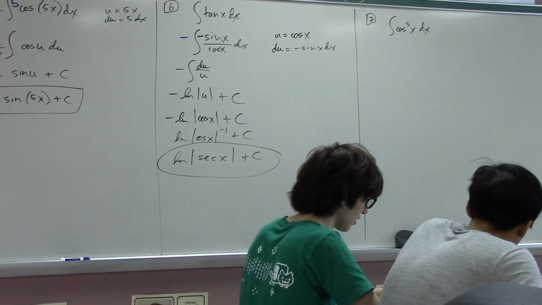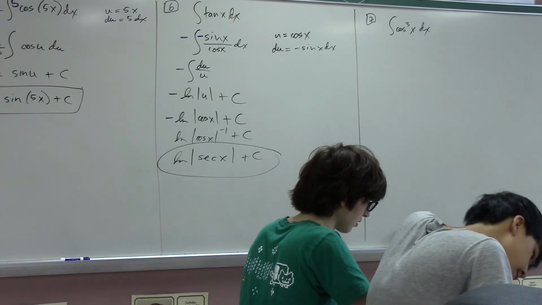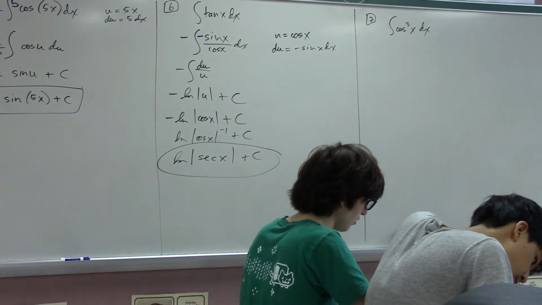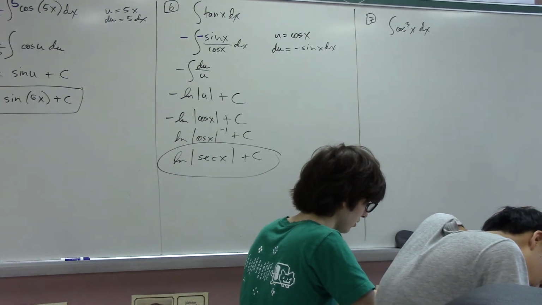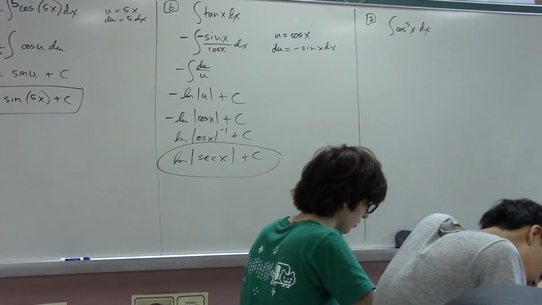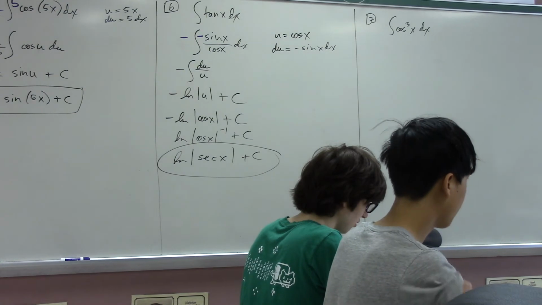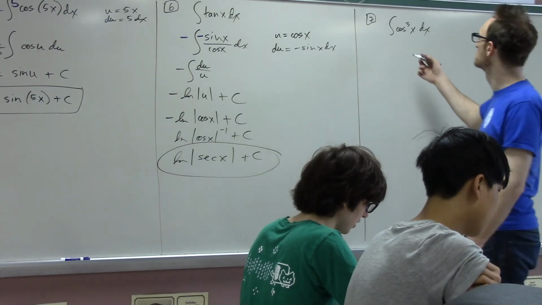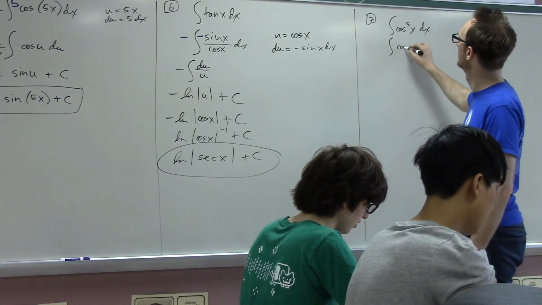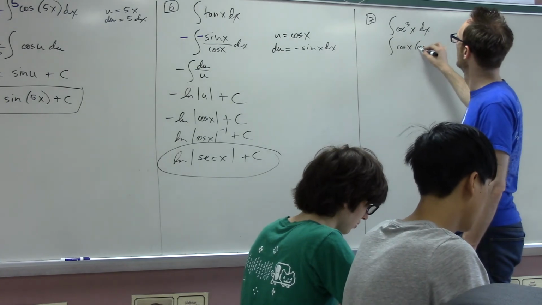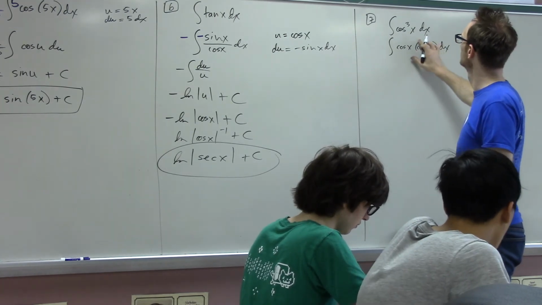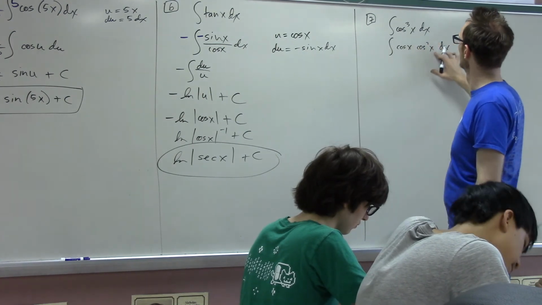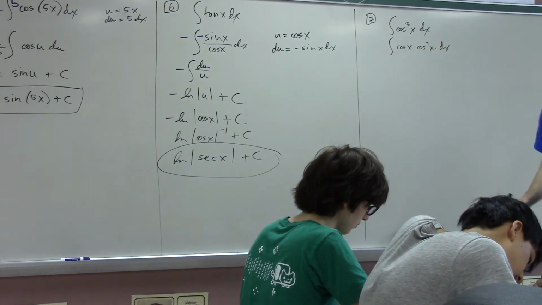Oh yeah, try some tricky type stuff with this. Can you rewrite cosine cubed? That seems like a good idea. What does that get you?